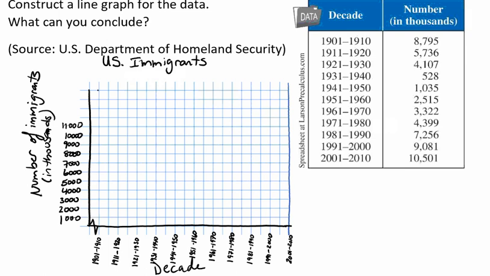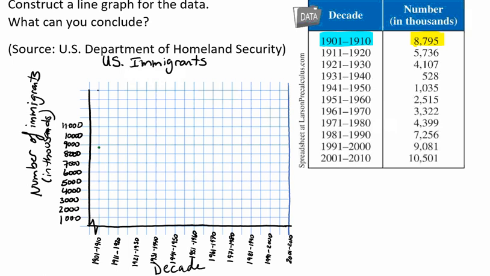And now we're simply going to graph these numbers at those decade spots. So for example, we have got 8,795 from 1901 to 1910. So we'll just put a dot there, a little tiny green dot. Then we're going to go from 1911 to 1920.